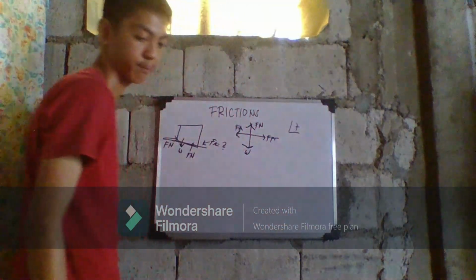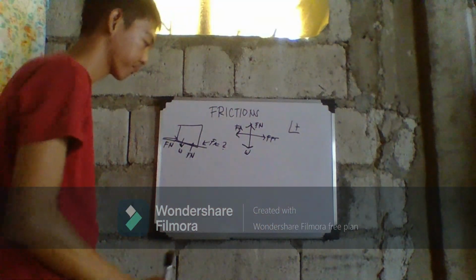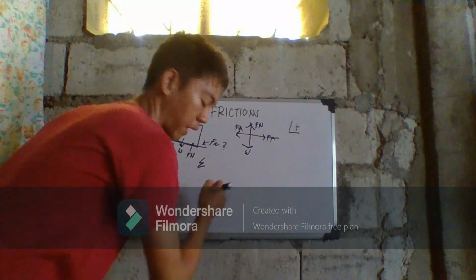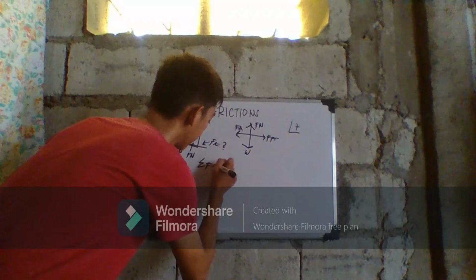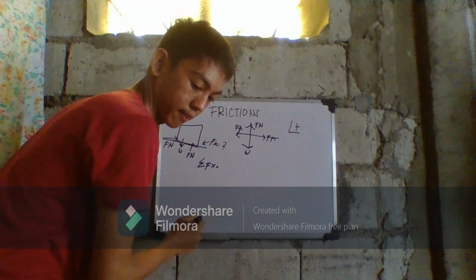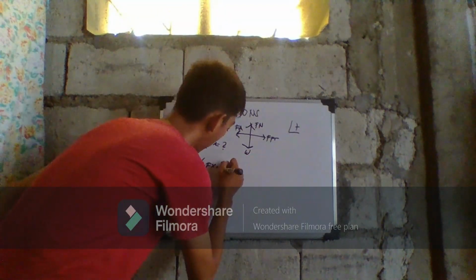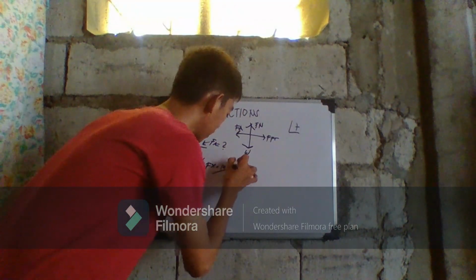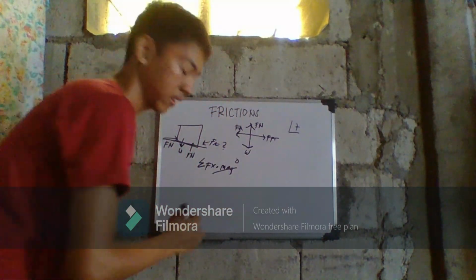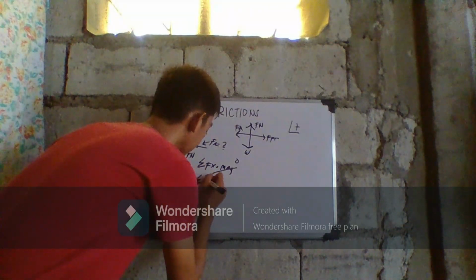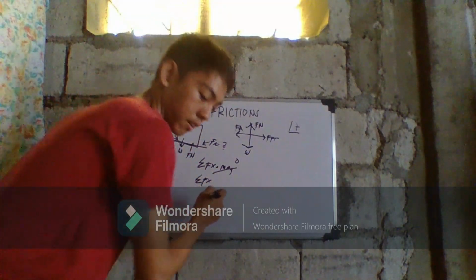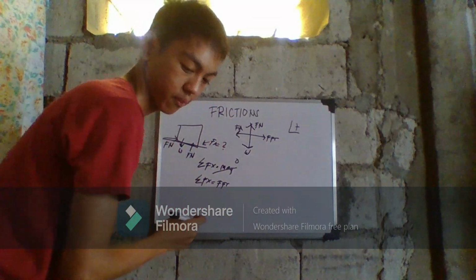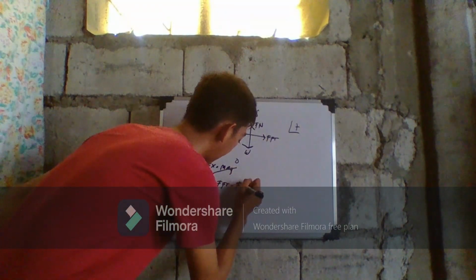Positive. So, summation of F_x equals ma. So, cancel lang natin ito, equals sa 0 siya. So, F_x is equal to force of friction minus force applied.